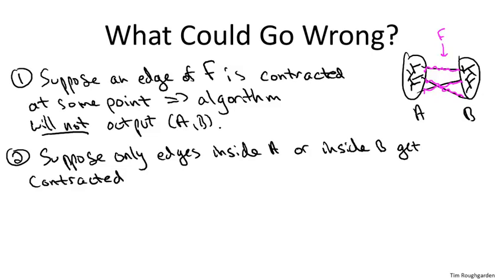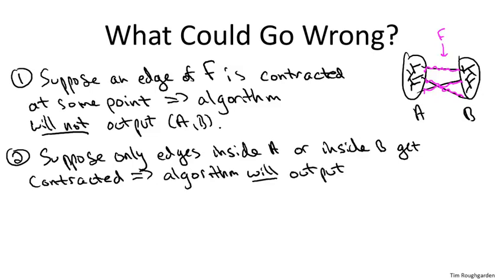There is never an iteration where a node from A and a node from B are fused together. What does that mean? That means that when the algorithm outputs a cut, all of the nodes in A have been grouped together, all of the nodes in B have been grouped together in each of the two supernodes, which means that the output of the algorithm is indeed the desired min cut A, B.